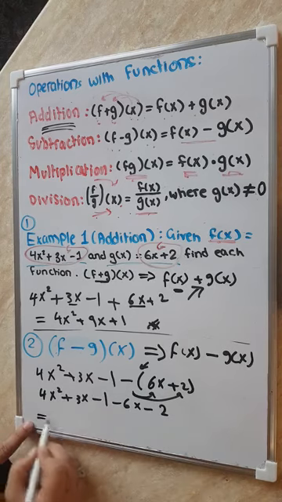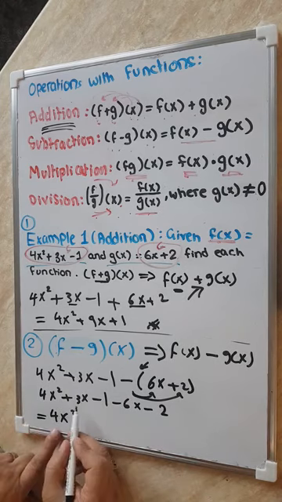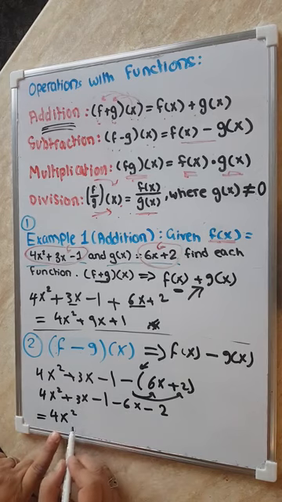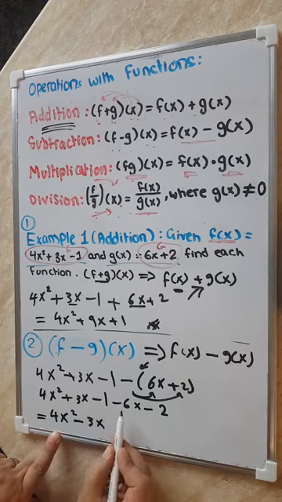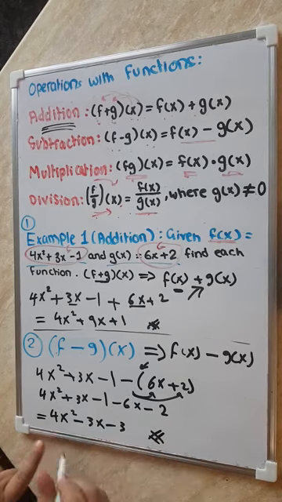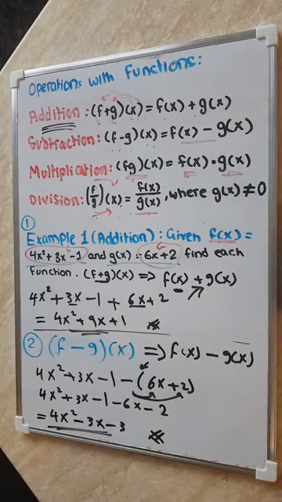Now add. 4x squared, there is no other x squared here, so I put 4x squared. 3x minus 6x, add them together, it's minus 3x. Minus 1 minus 2 is negative 3. And we can see that these two results are not the same. The addition is not like the subtraction.